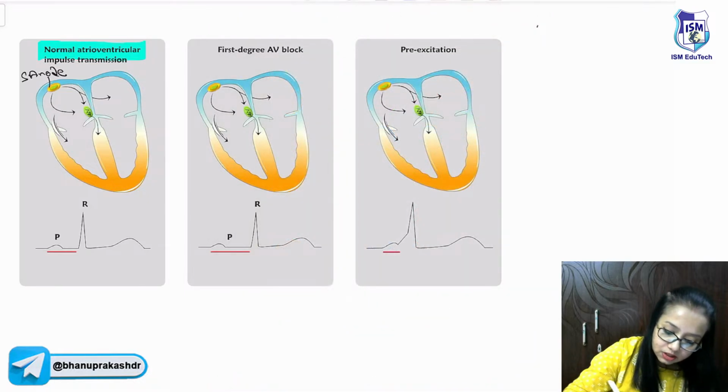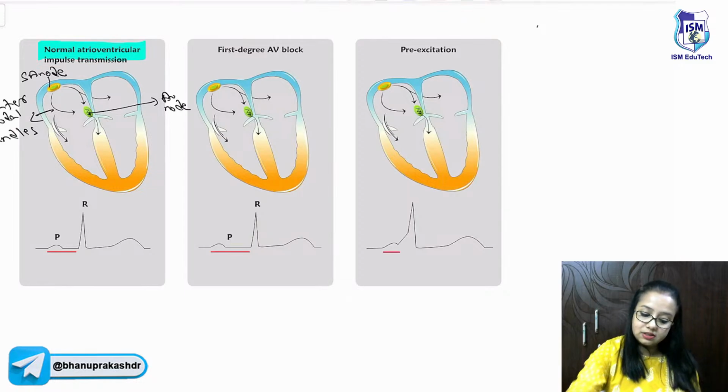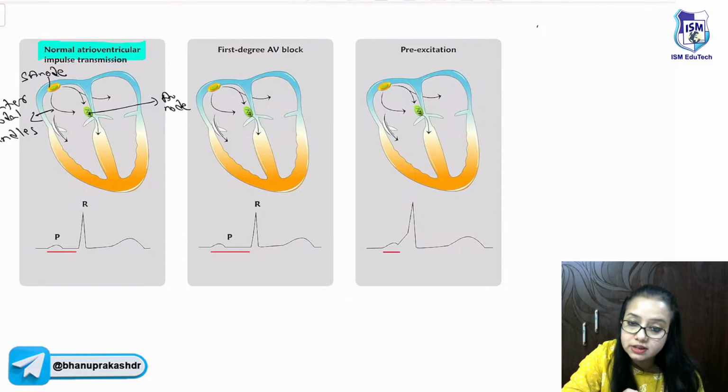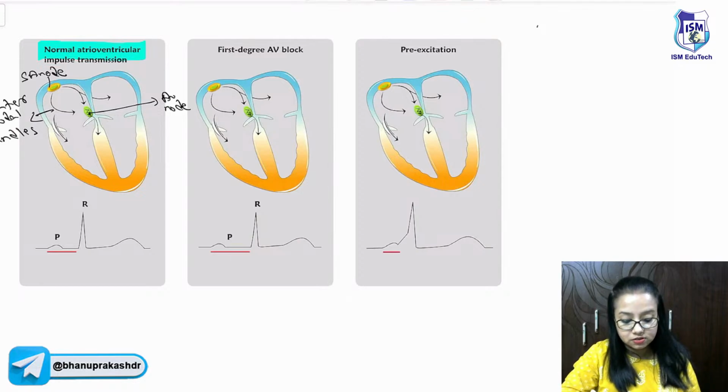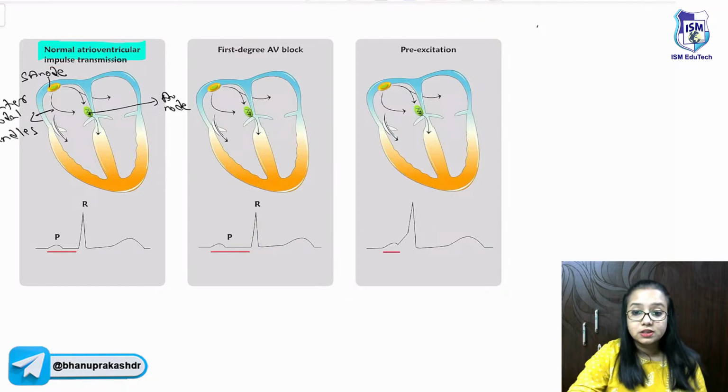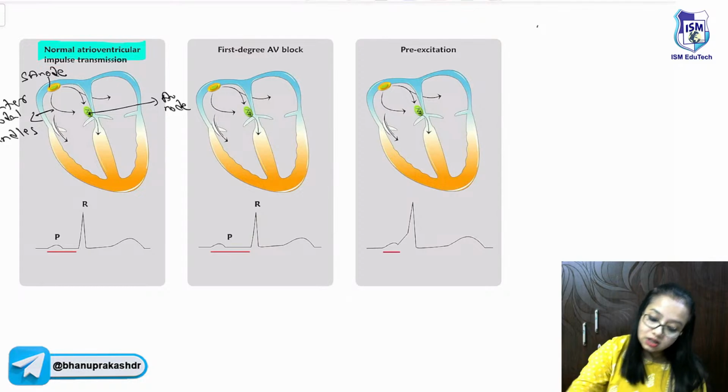These are the internodal bundles, and this is our AV node. This leftmost picture shows a normal conduction of impulse. Impulse is first generated from the SA node, and as we see through the arrows, via the three internodal bundles, it comes to the AV node and also goes to the left atrium.